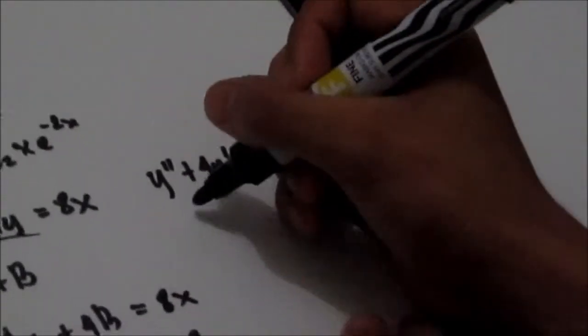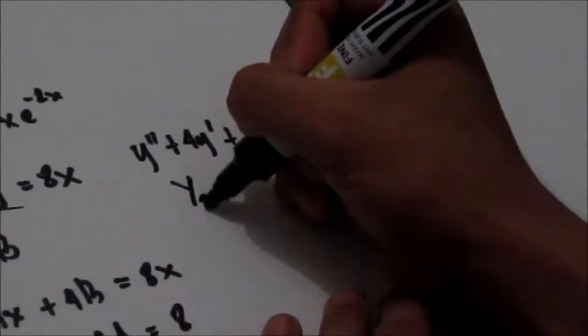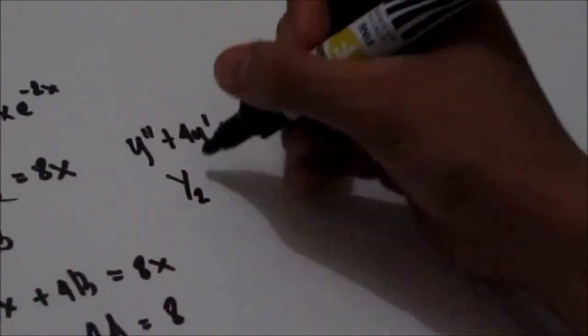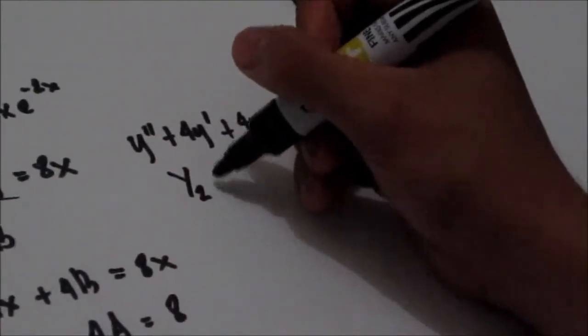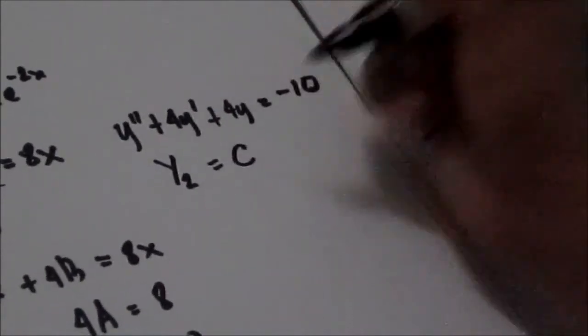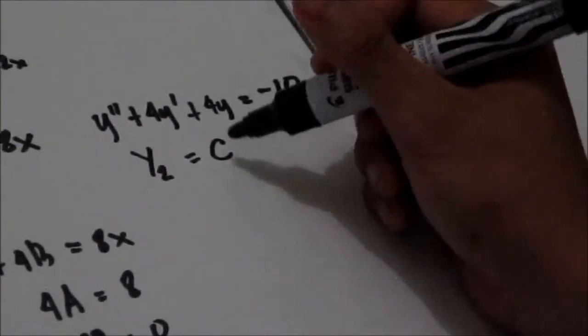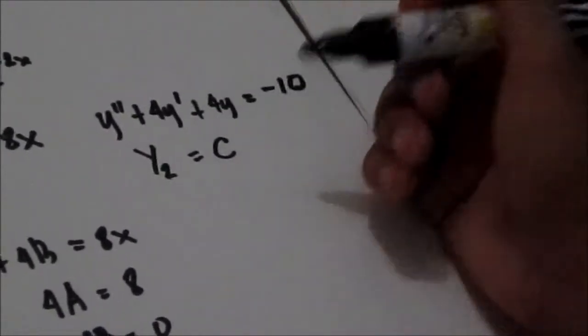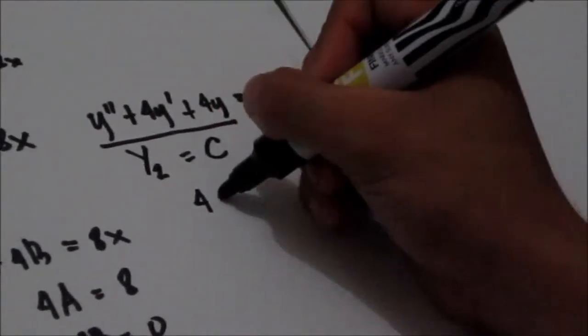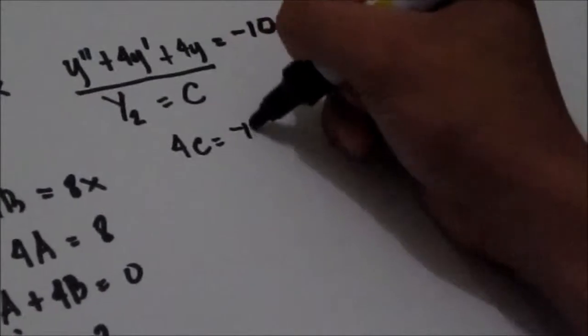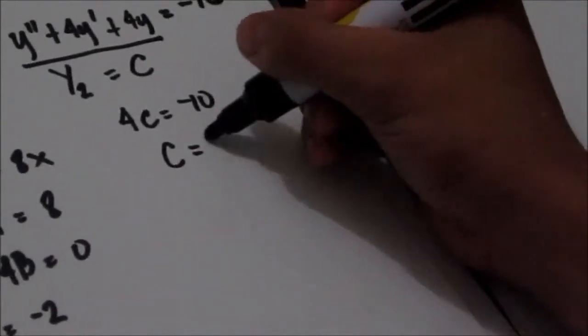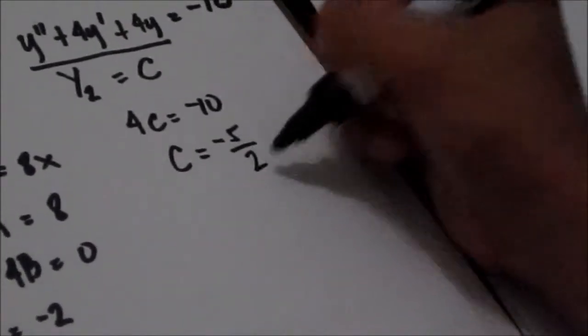Here we can have a particular integral y2 equals c, and by substituting the particular integral into the equation, we will get 4c = -10, and by solving this we shall get c equal to negative 5/2.